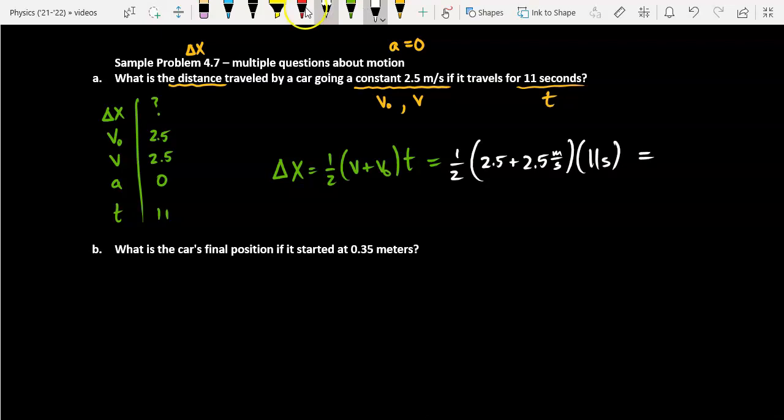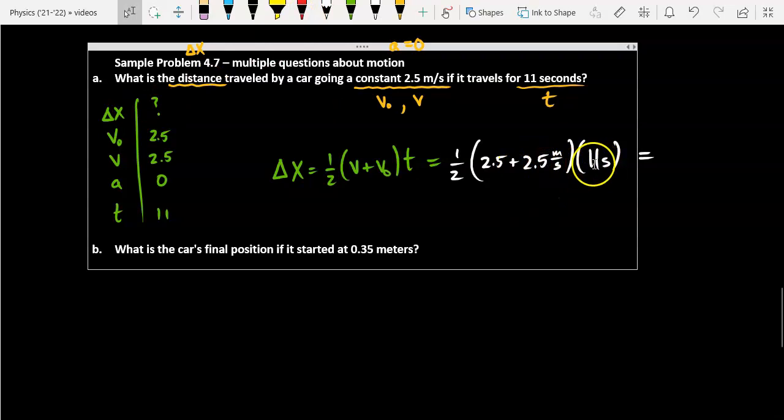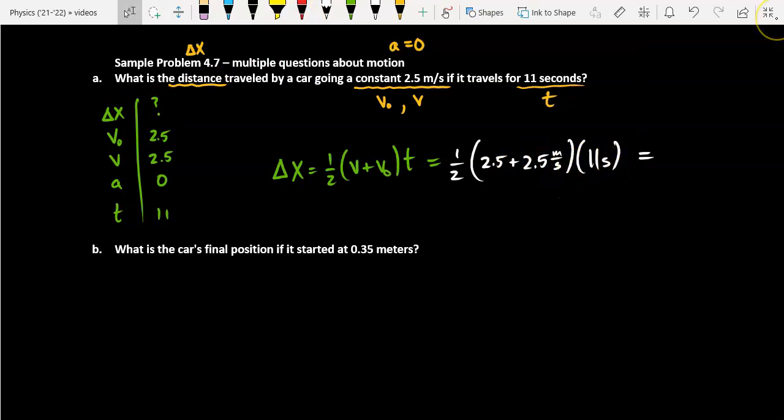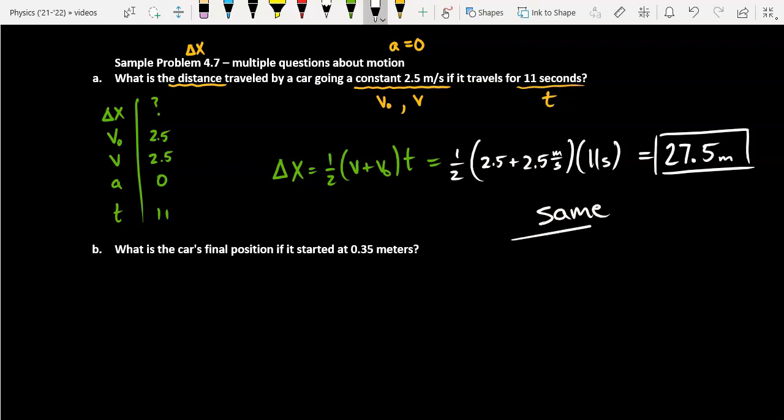And what does that give us? 2.5 times 11, 27.5 meters. Now, whichever equation you pick to use, it should be the same answer no matter what. So whatever equation you use, you should get that answer right there.